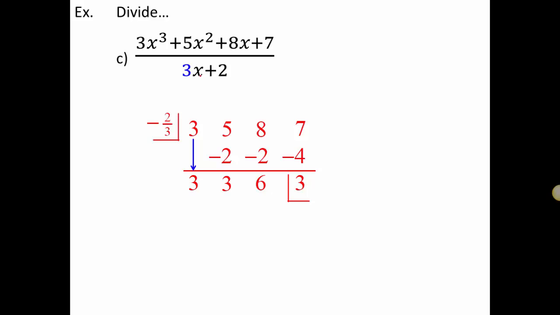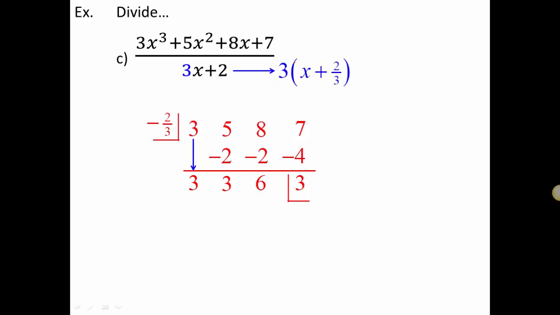The key is remembering that synthetic division technically only works when the leading coefficient is 1. So let's make it 1. Let's factor out the 3. But then you might say, but Mr. Scholar, I can't factor out the 3 because that 2 doesn't have a 3 that could be factored out. Pshaw. Here's me factoring out the 3.